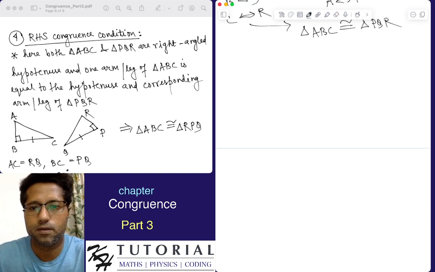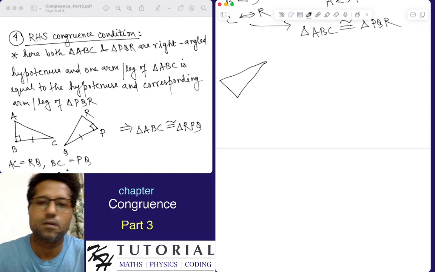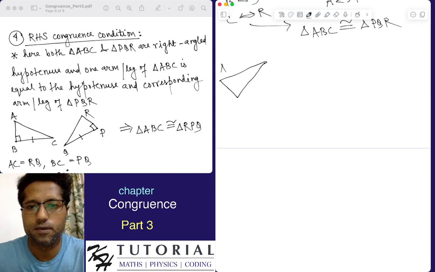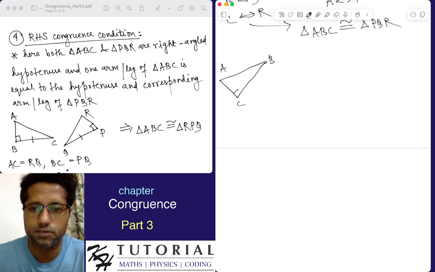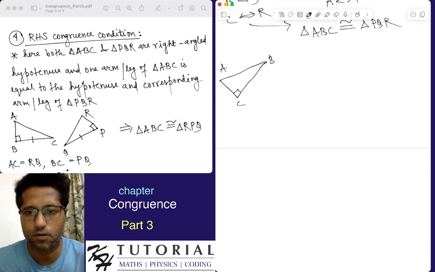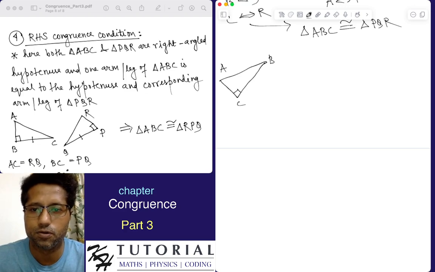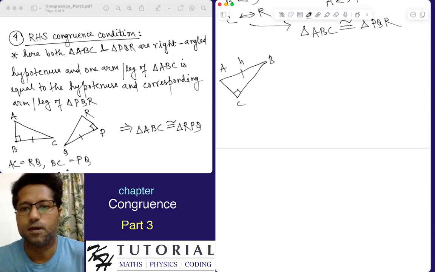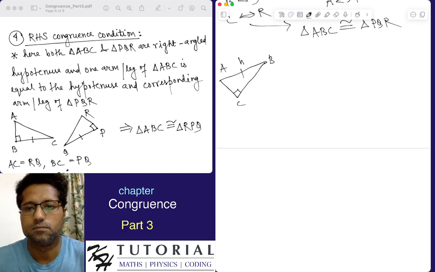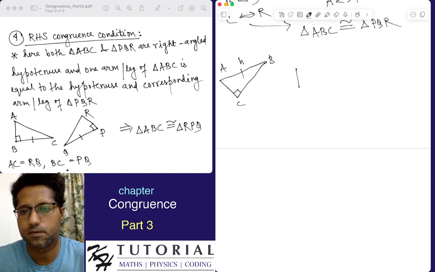Let's say I have this triangle ABC. This triangle ABC is right angled at C, let's say, and of course definitely the hypotenuse will be AB, and the triangle PQR, let's say it is something like this.